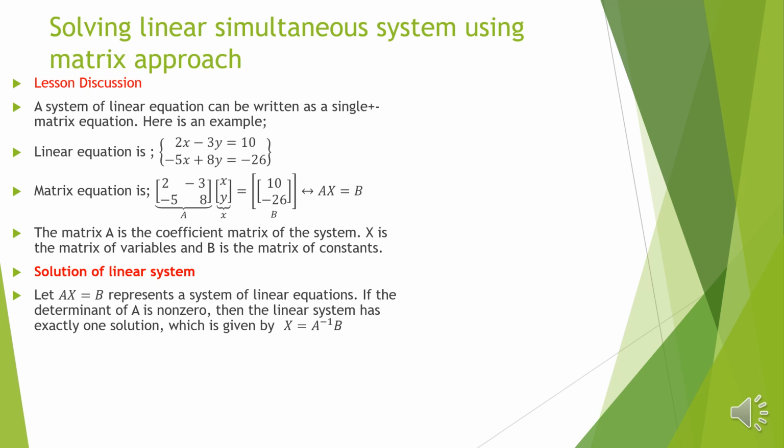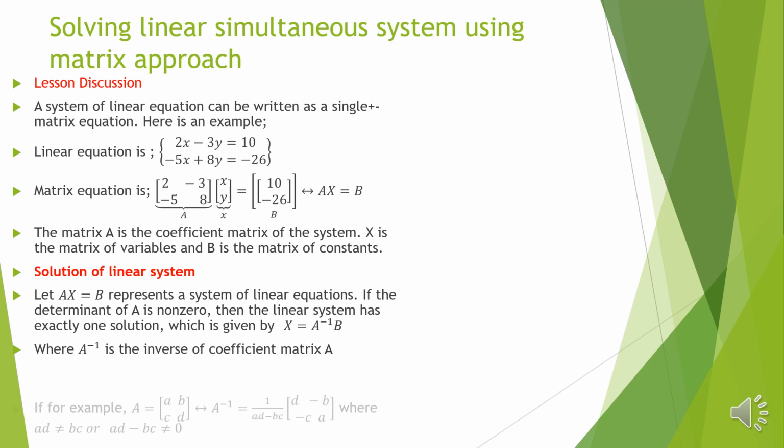The determinant of A should not be zero, because if it's zero, then that matrix cannot have an inverse. Here A inverse is the inverse of that coefficient matrix.